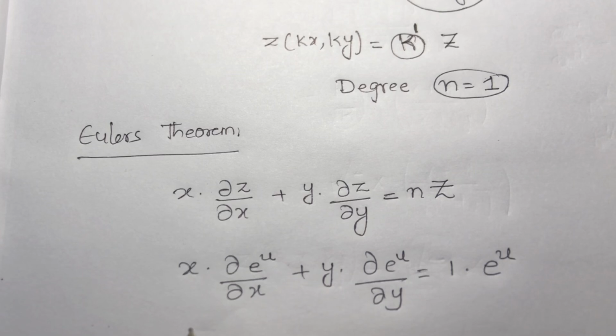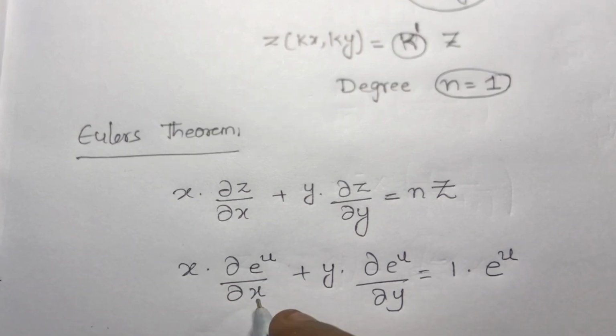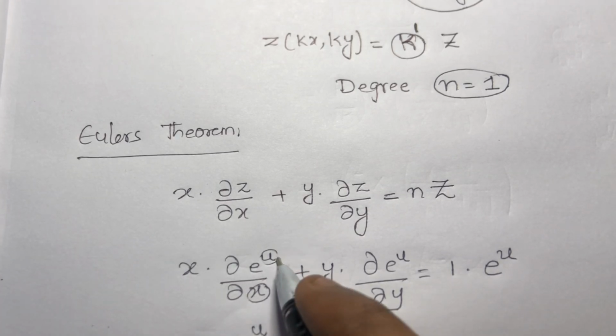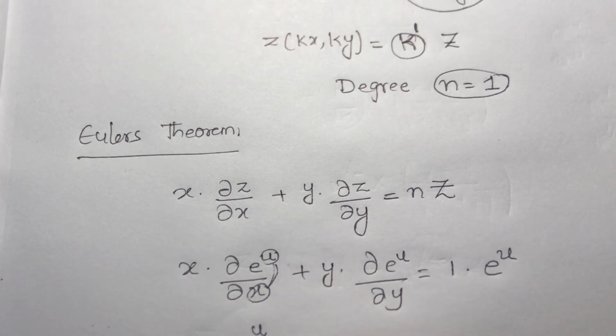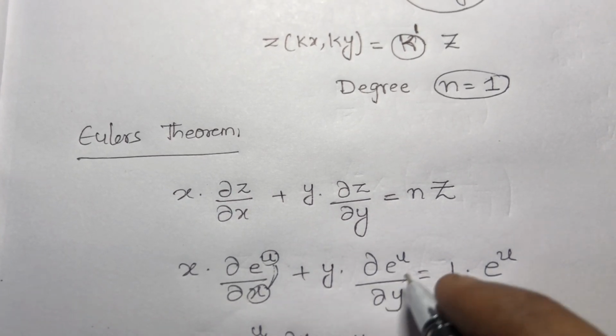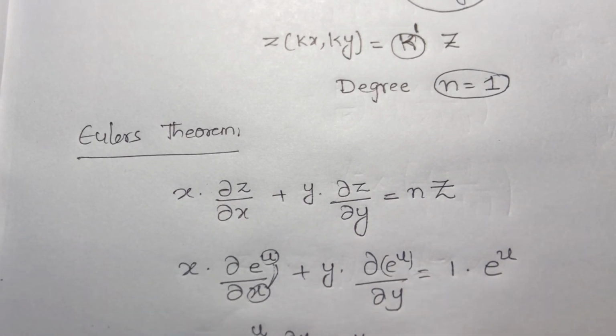Then x into differentiation of e power u is e power u only, but in place of x we have u. See, this is not matching, so immediately partially differentiate, dou u by dou x. Similarly, y into this part is e power u, partial differentiation, but we need to differentiate with respect to y again, so dou u by dou y is equal to e power u.